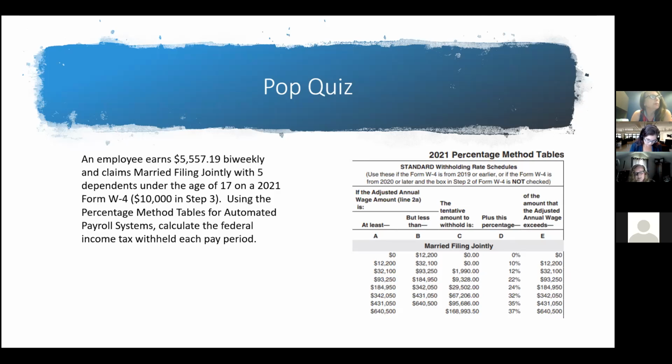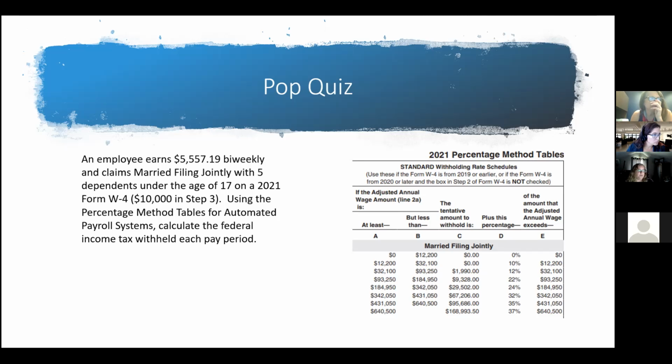That translates to $10,000 in step 3. For those of you that don't know, the dependent credit is 2,000 per child, 5 times 2,000. So that's how they get the 10,000. Using the percentage method tables for automated payroll systems, calculate the federal income tax withheld each pay period. So again, I said we were going to do this together.